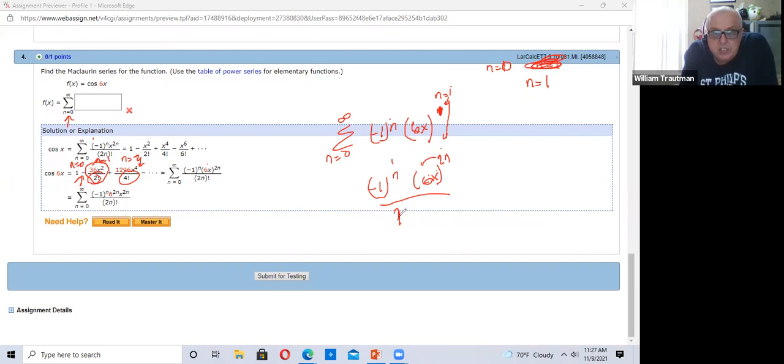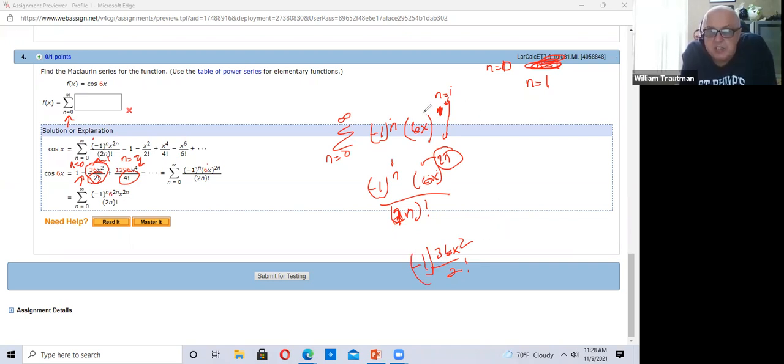We're doing 2 times n, the same thing that's up here, down below with the factorial. Because now if I put a 1 in there, I get 36x squared. Put a 1 in here, I get 2 factorial. I put a 1 in here, I get a -1. I'm just going to put a -1 like that.